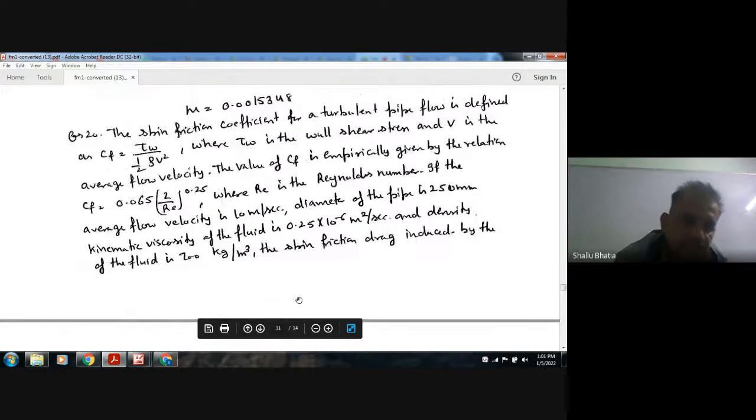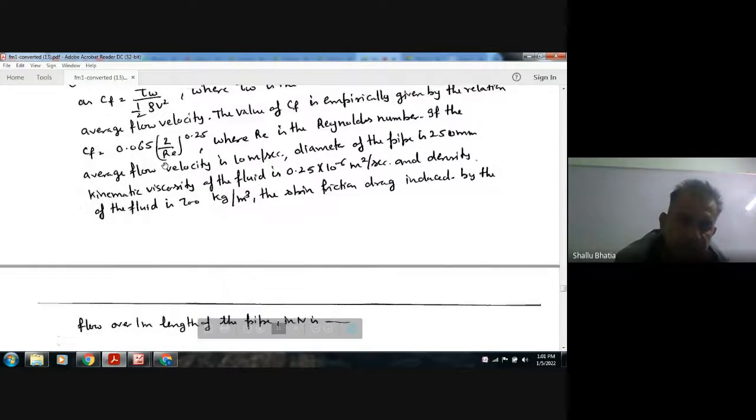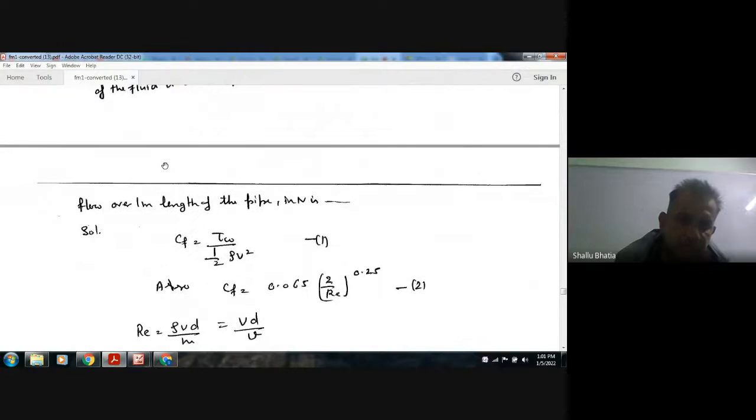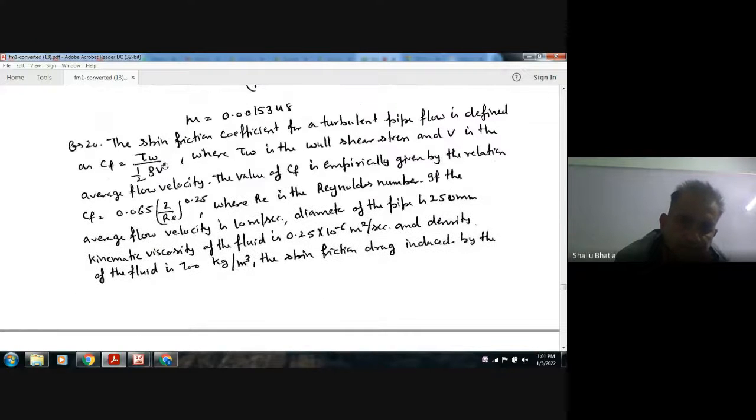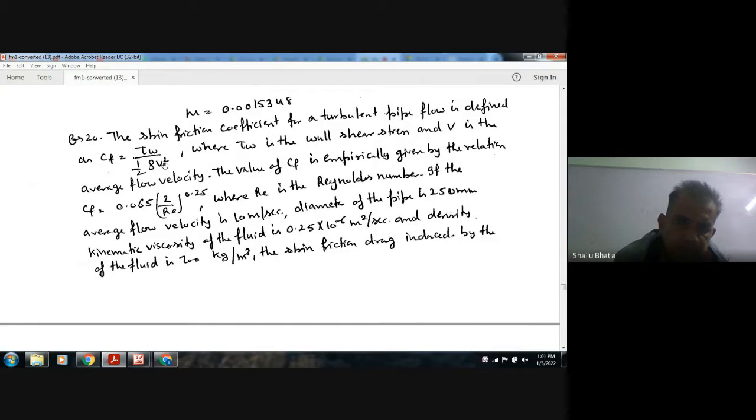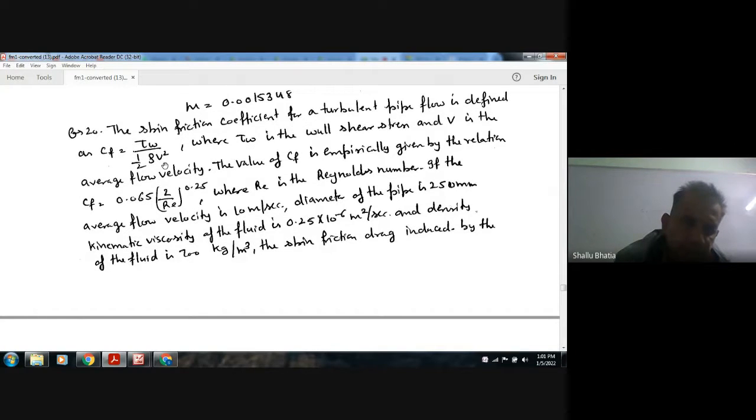So here Cf is the wall shear stress by half rho V square. Okay, Cf is this, in terms of velocity and wall shear stress. Another form of Cf is in terms of the Reynolds number, which is this.